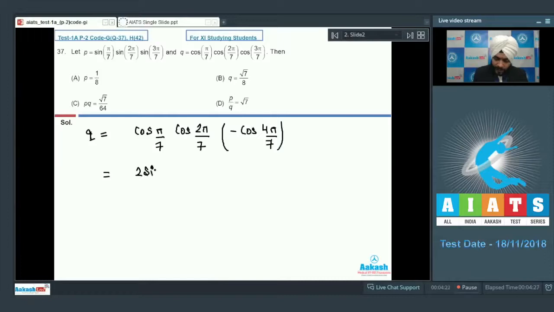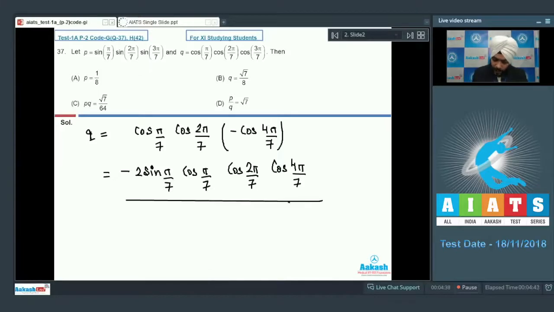So 2 sin pi by 7, cos pi by 7, cos 2 pi by 7, cos 4 pi by 7 with a negative sign, divided by 2 sin pi by 7. We know that the first two terms will become sin 2 pi by 7.